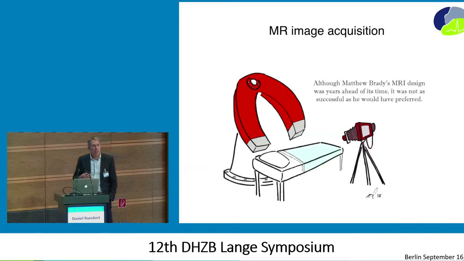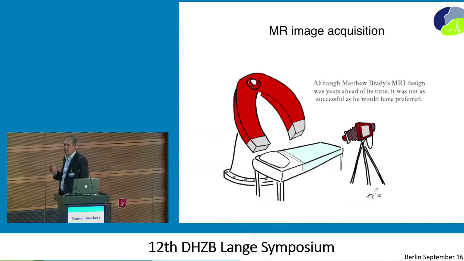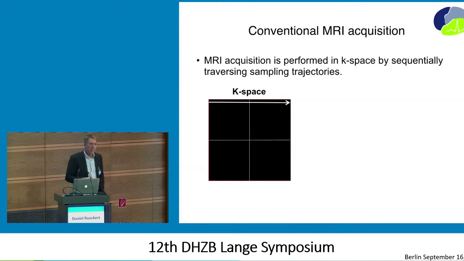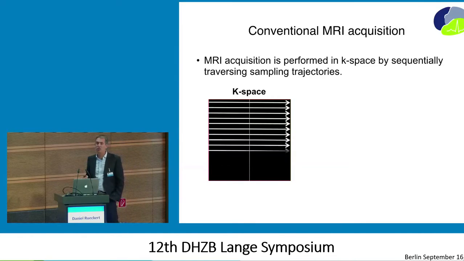So I want to show you a bit how we can use machine learning to help accelerate the way we acquire the images. I'm not going to really explain how cardiac MRI works. And by the way, if you wonder, it's not quite like what you see here on the slide. But the key thing to remember is that cardiac MRI acquires data in a domain called the K-space.